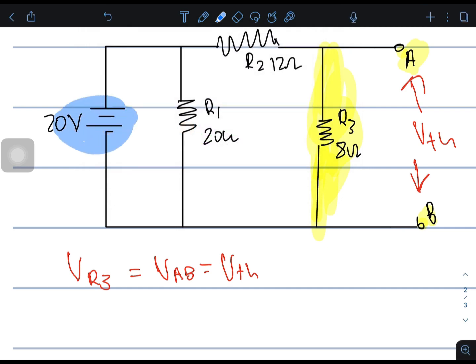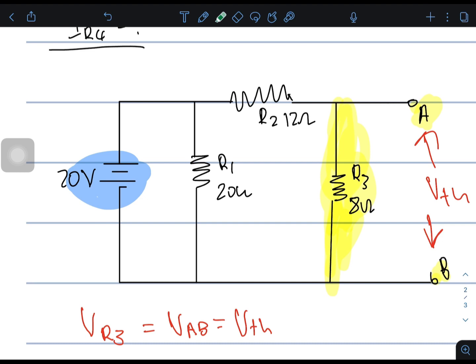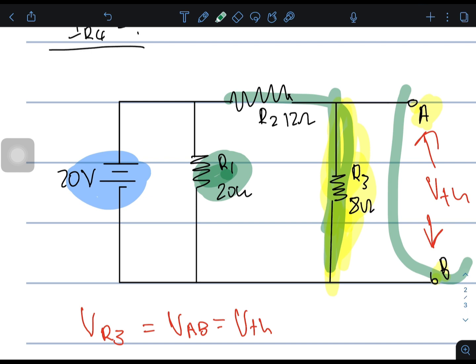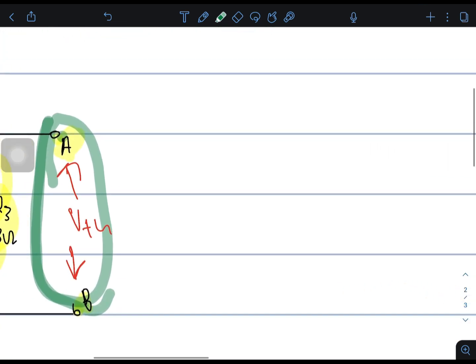This resistor is connected in parallel with this whole combination. Since we have an open circuit here, no current flows, there is just voltage across. Guys, let me draw the circuit separately on the side.